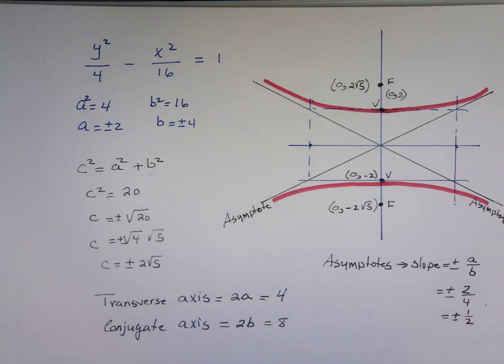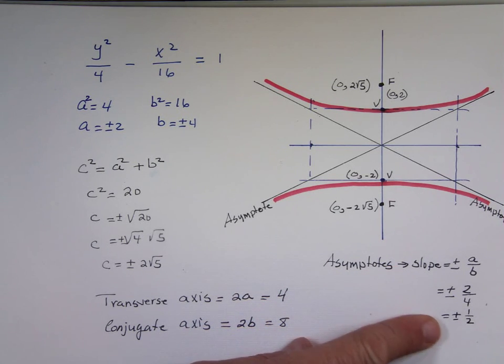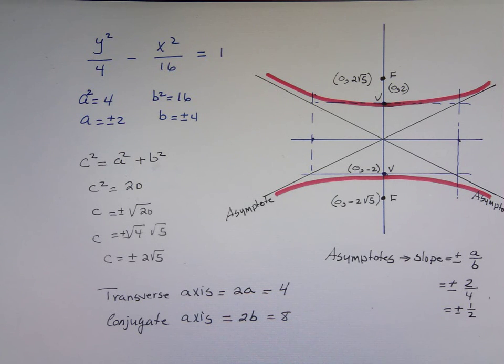You go up 1, 2 to the right. I find that's the easiest way to graph them, by making the box. Do you have to make the box? Our book does it actually, but you don't have to. You can use the slope here. You know it's a straight line going through the center. Once you know the slope, you draw these two lines with that slope, and that's your asymptote. I like the box. I'll be the first one to admit.